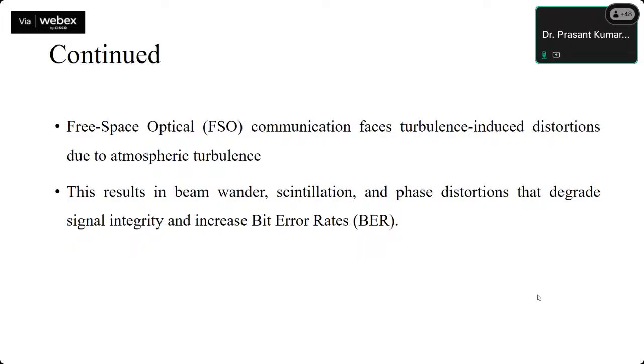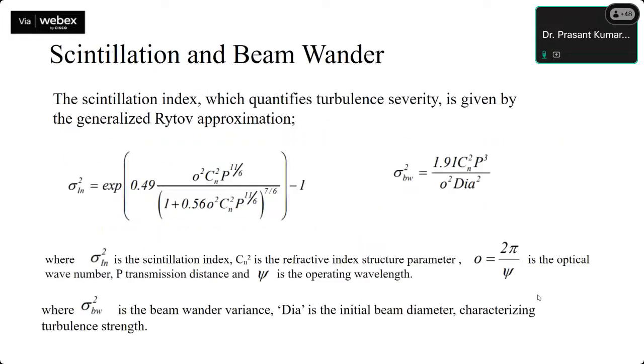We cannot work on a link which is not stable and not reliable, because then nobody will use that kind of link. We need to design a link which is stable, should not fluctuate much, should be reliable, and should be readily available to the end users. That is the requirement. They use the terms scintillation and beam wander. Mathematically, you can model this using the Rytov approximation. Here in this expression, sigma squared is the scintillation index.